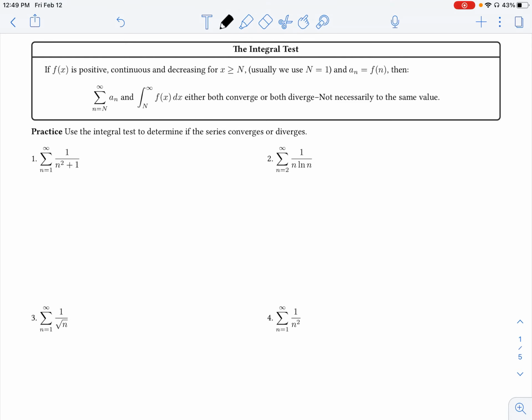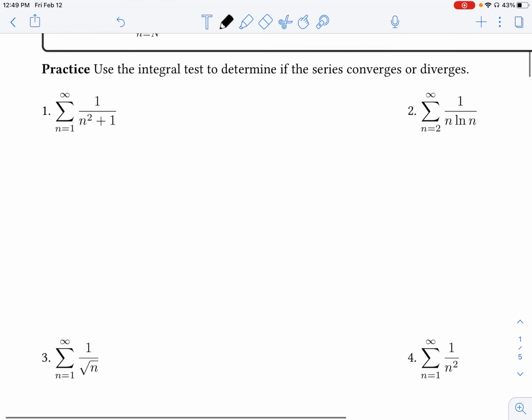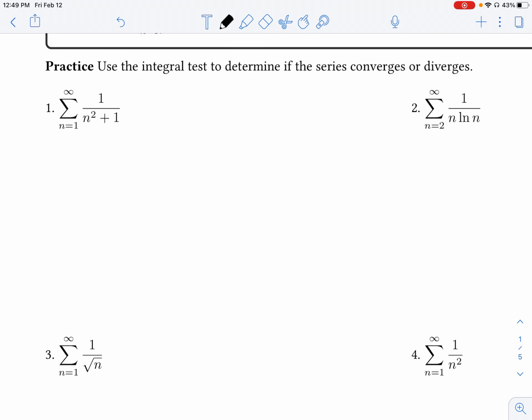So let's try something like number 1, which is a pretty similar problem here. So we look at this, and first off, ask yourself, is this series representing a function that is positive, continuous, and decreasing? Well, since our lower index starts at 1, we know all of our terms are indeed going to be positive. Next up, does this function here represent a continuous function?